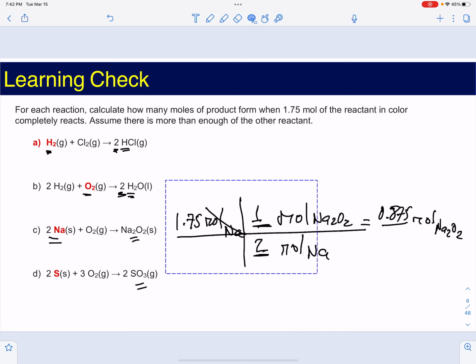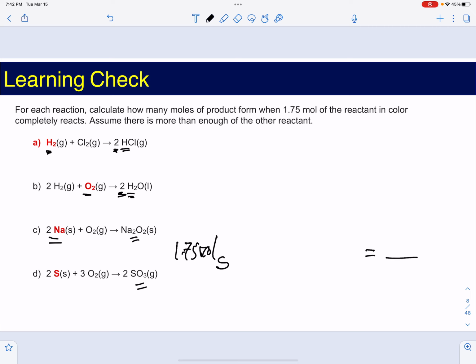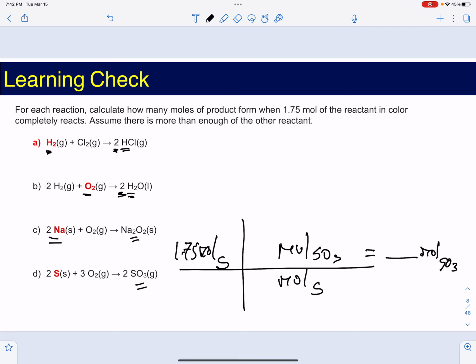And the last one. Once more, given 1.75 moles of the one in color, sulfur, can you find the moles of the product, which is going to be sulfur trioxide? We cancel the one we don't want. We put on top the one we want. And then we find the numbers on the balanced equation. Moles of sulfur trioxide is going to be 2.